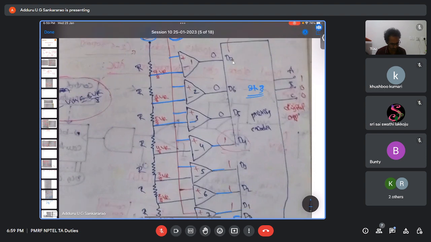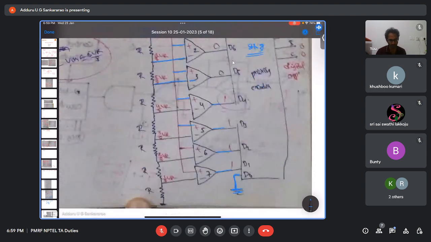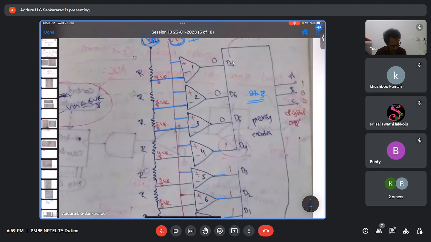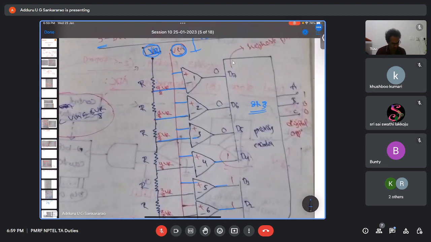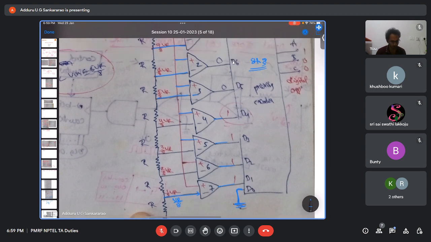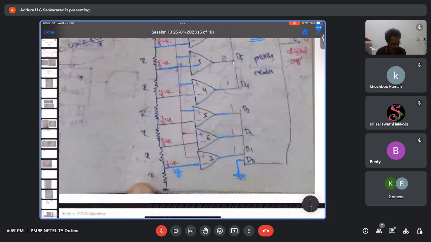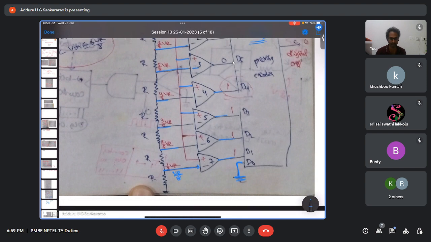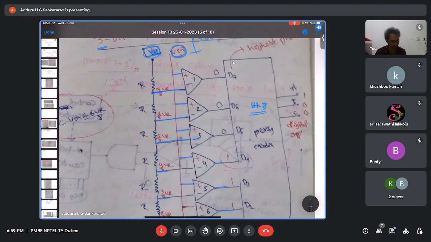Let us see how many resistors are there. You can check later how the voltages are divided: if this is VR, the taps are VR by 8, 2 VR by 8, 3 VR by 8, 4 VR by 8, 5 VR by 8, up to 7 VR by 8, because a total of 8 resistances are there.